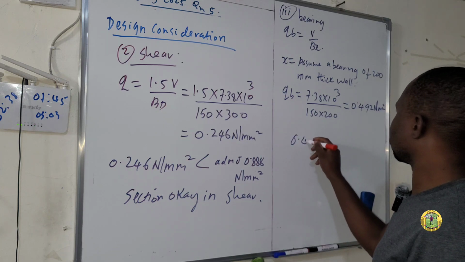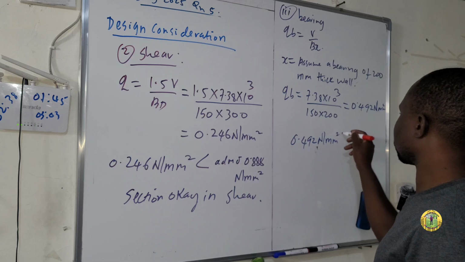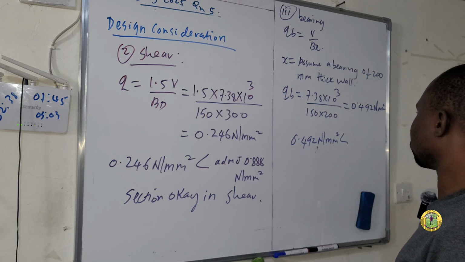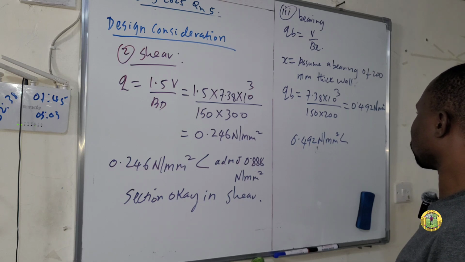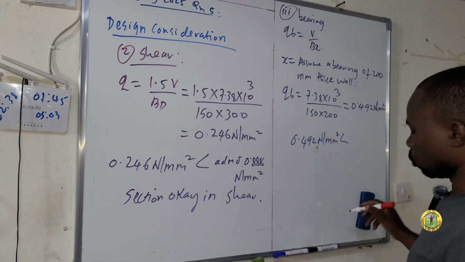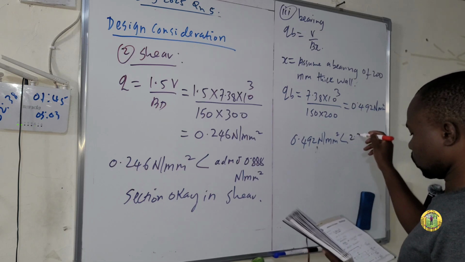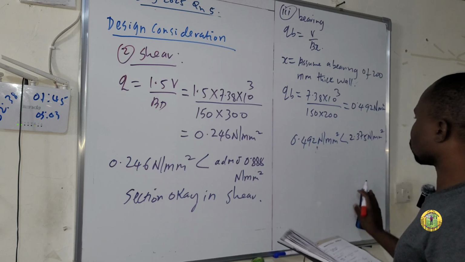So 0.492 Newton per millimeter square is less than the permissible compression stress perpendicular to grain, which is 2.375 Newton per millimeter square.